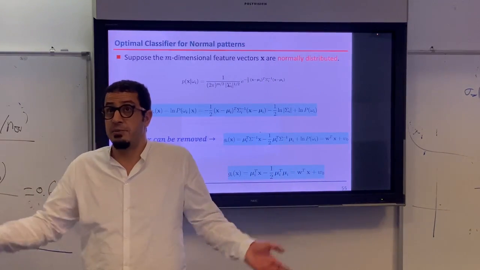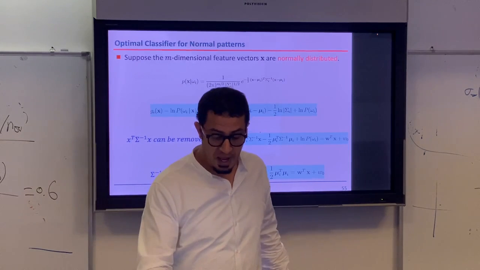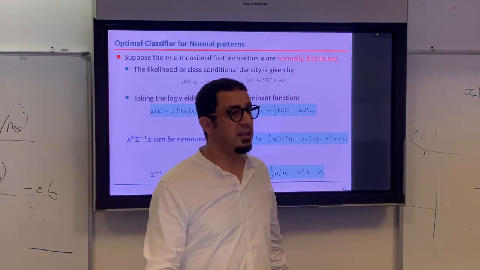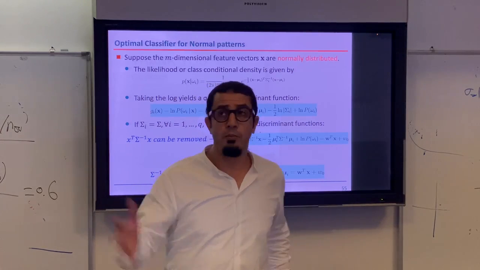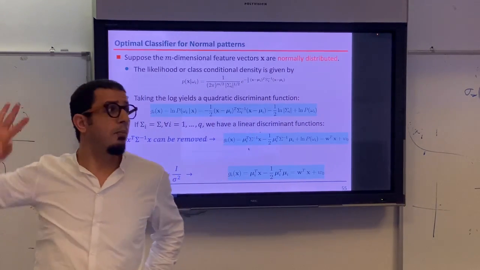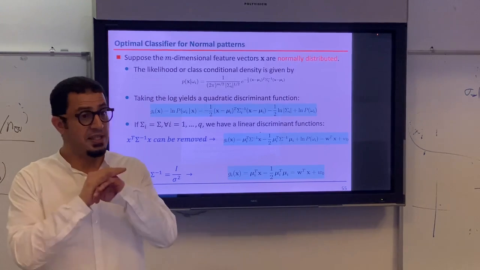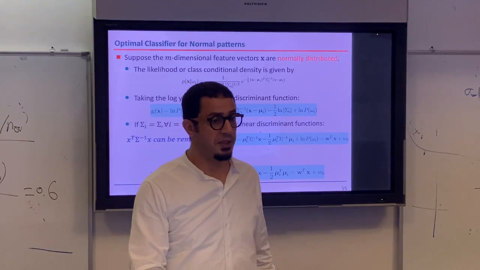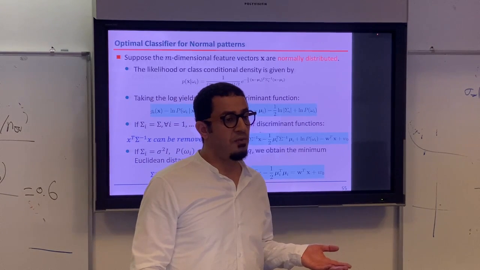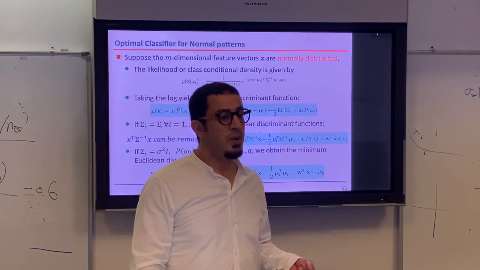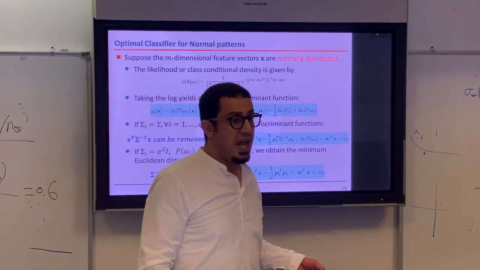And we know how to calculate them, right? We did it many times. When you have the data, what is the mean, what is the covariance matrix? So at the end, I need to estimate it, and this is my function g. The higher the g, the more likely it belongs to this class. Okay, same way. And this we call again the quadratic one. If the covariance matrix is diagonal, we're coming back to the minimum distance.